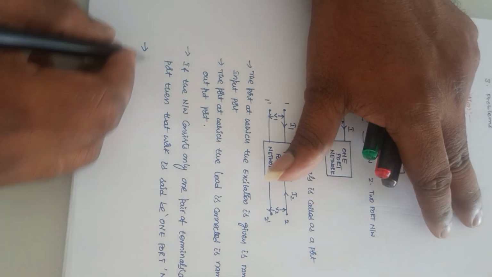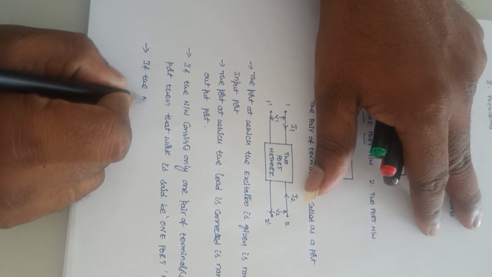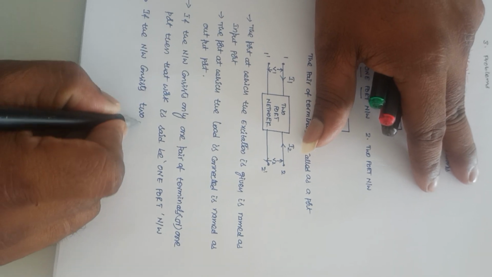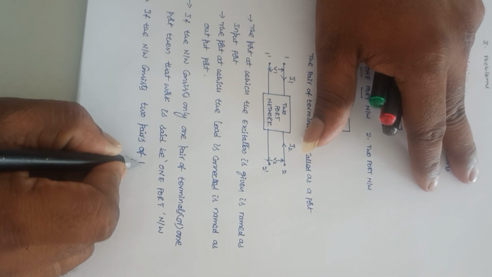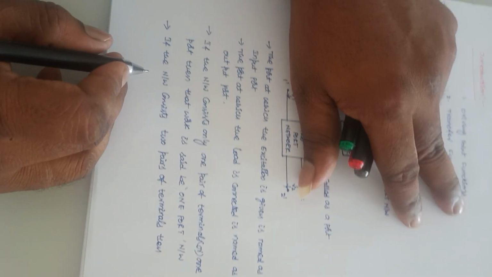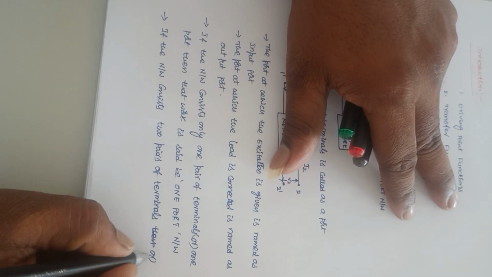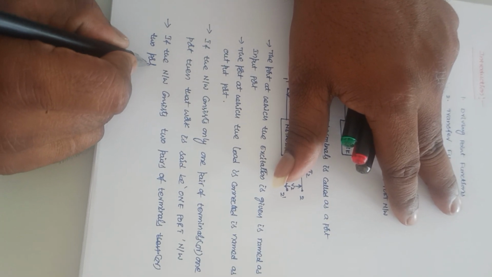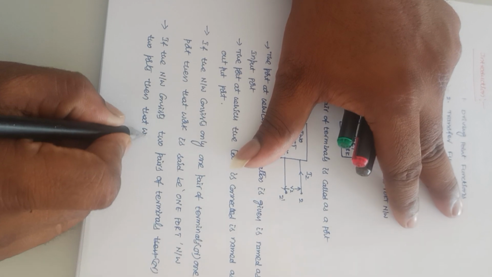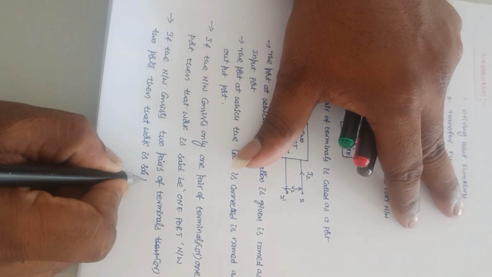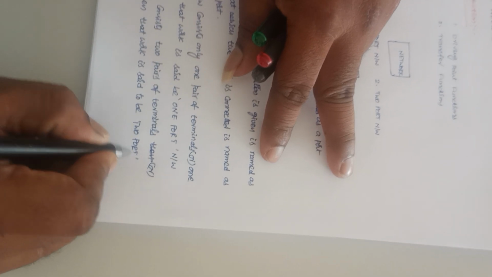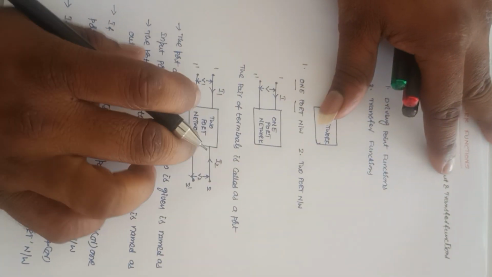Next point, if the network consists of two pairs of terminals, then two pairs of terminals are two ports, then that network is said to be two-port network. So this is a two-port network.